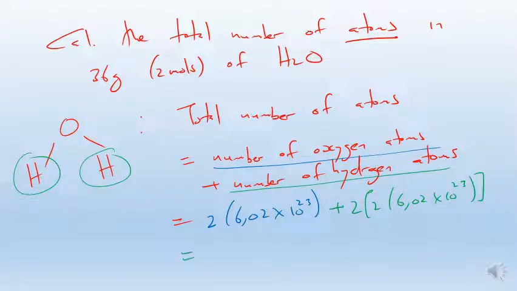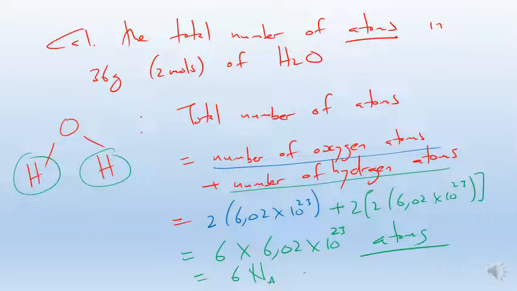So that's 4, and that's 2, so that's going to be 6 times 6,02 times 10 to the power 23 atoms. And those atoms are a mixture of oxygen and hydrogen. So that gives you that nice number that you see there. Or in a more compact way, you'd like to write this as 6 Na atoms, where Na is 6,02 times 10 to the power 23.